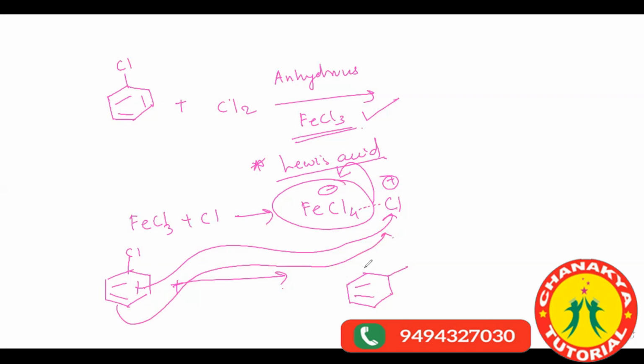This is your chlorine, and here it is hydrogen with a positive charge generated over here. This is your path A, and by path A you'll get the intermediate in this manner. And by path B, how will you get the intermediate? I'll let you know.